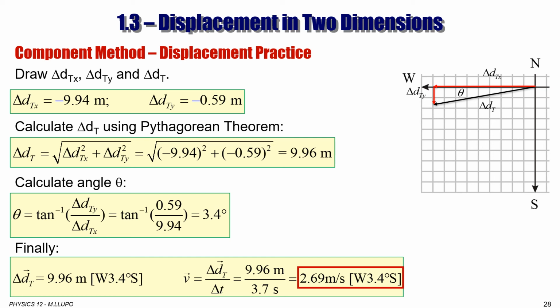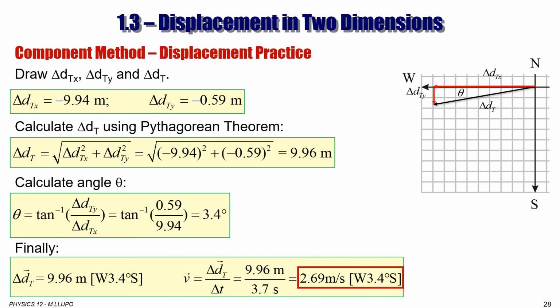So when we have those values, the answers for delta d total, for angle, and for velocity, we have confidence that those values are going to be much closer to reality, more accurate compared to the values that we got when we used drawing, measuring and scaling.